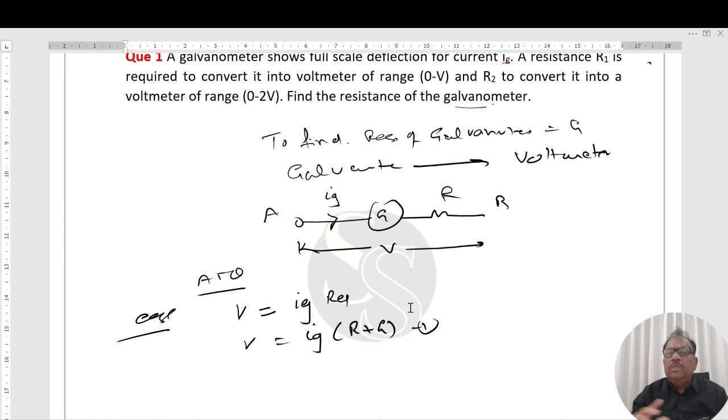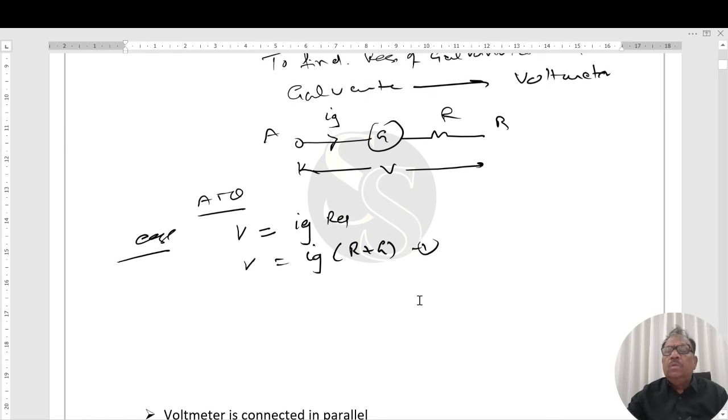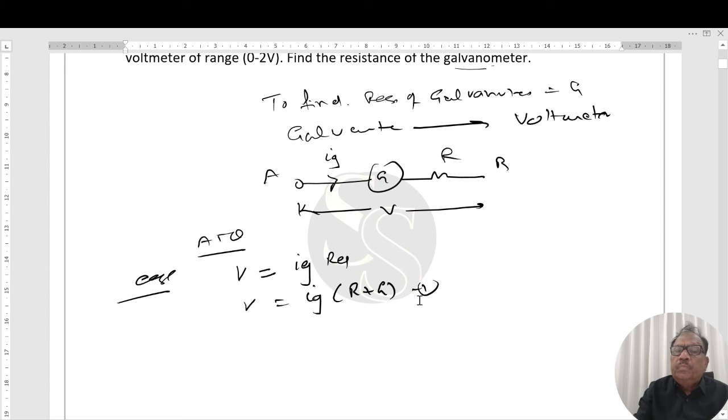In the second case, the range is 2V. This will be now 2V equals IG into R2 plus G. This is equation 2. Now, this figure shows that to convert a galvanometer to a voltmeter, we have to connect a very high resistance in series with the galvanometer.